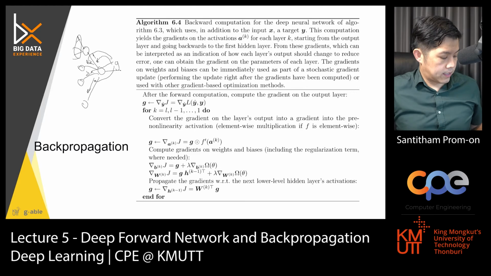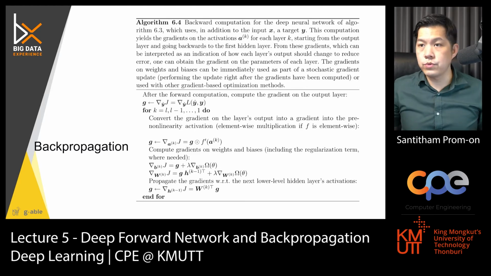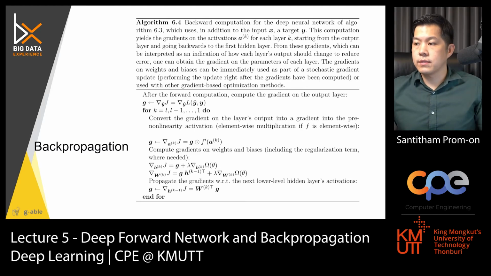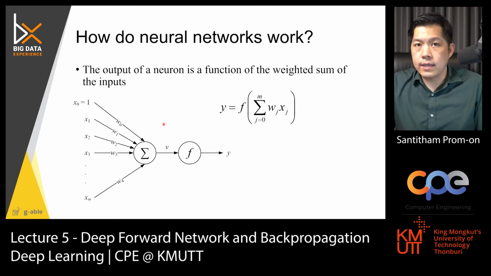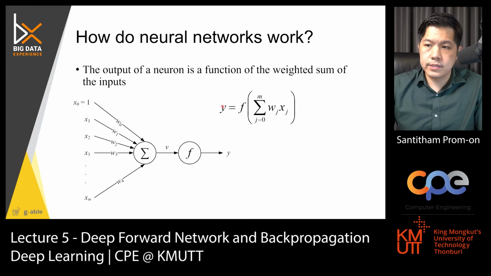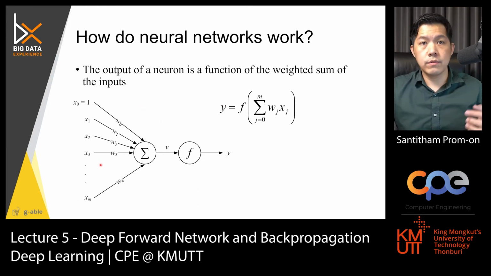All right, let's move on to the next one. Let's take a look at the inside of the network. Here is the diagram showing how each neuron computes the output.